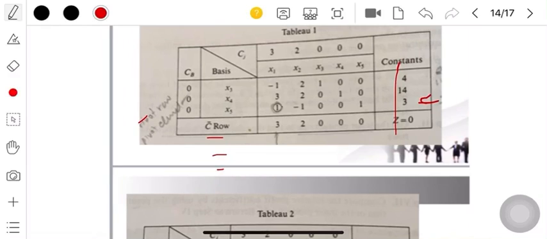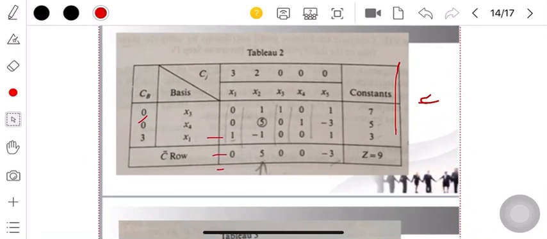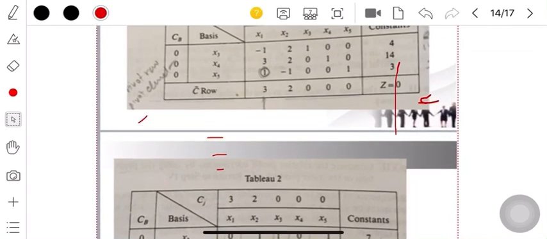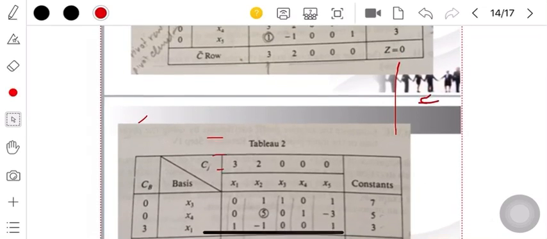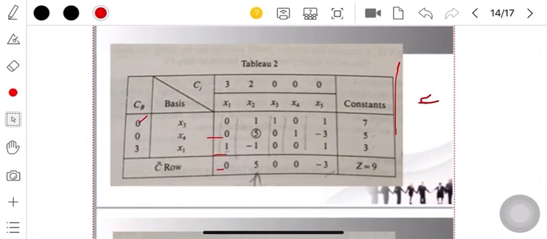When we divide by 1, it will be the same, 1, minus 1, 0, 1, 1, as you can see, right? Now you have to do the iteration. For this we have to make 0s here after doing the matrix operation. So after doing the matrix operation, we get the new table here.